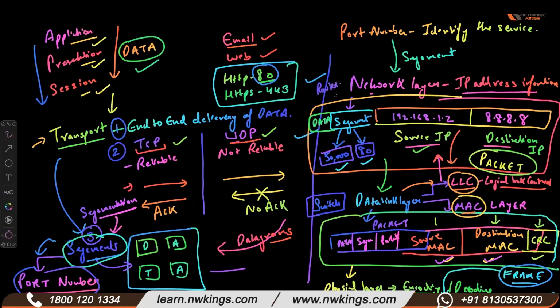When you talk about port numbers, some types of proxies or firewalls work up to 4 levels. And there are some application layer firewalls also, which block applications. So it totally depends on the scenario.